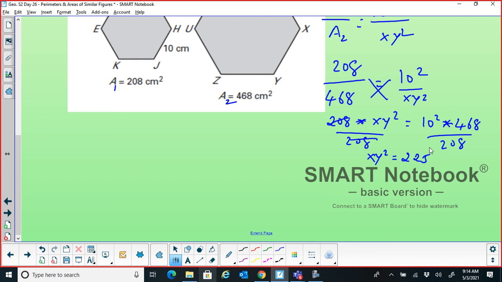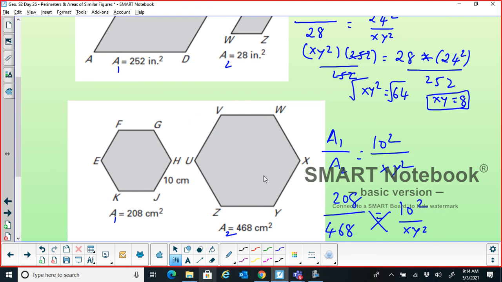Taking the square root, we should get 15 as the required answer for xy. Because the unit was in centimeters here, xy is 15 centimeters. In the previous one the unit was in inches, so that xy should be 8 inches.